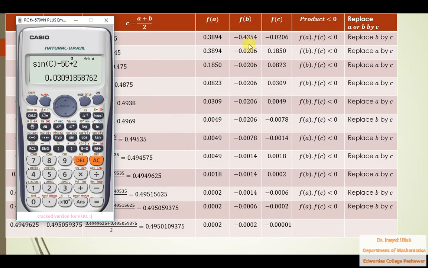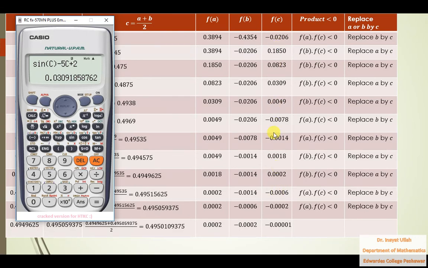Now again the product of f of b and f of c is negative. We see that continuing in this manner, the value of f of c converges to 0.